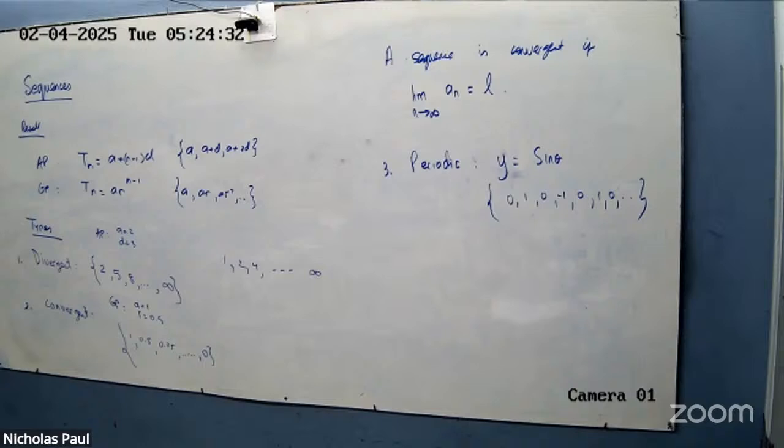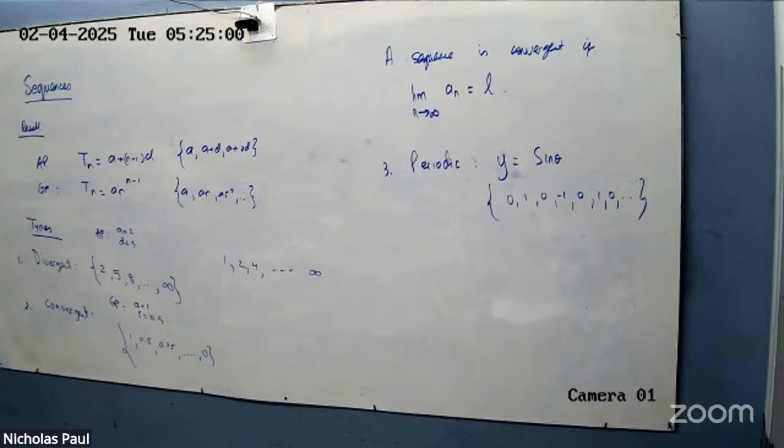That is, as n approaches infinity, the sequence approaches some value L.